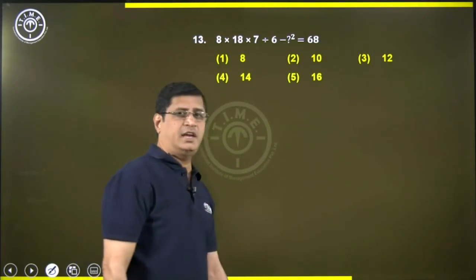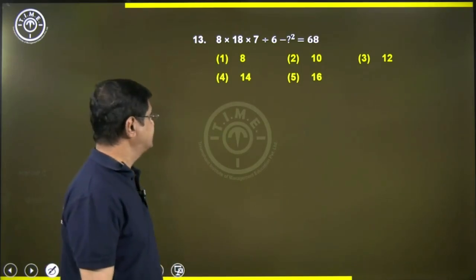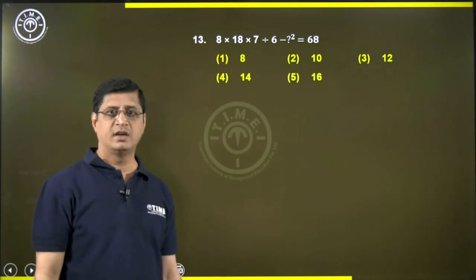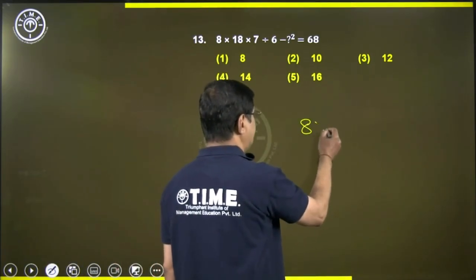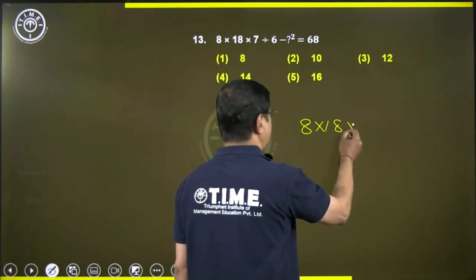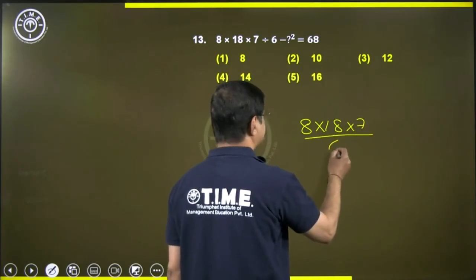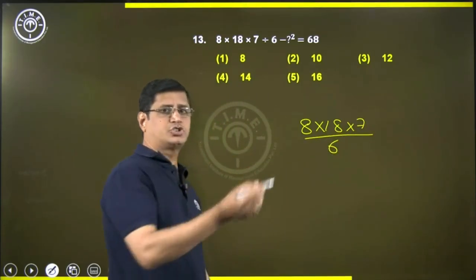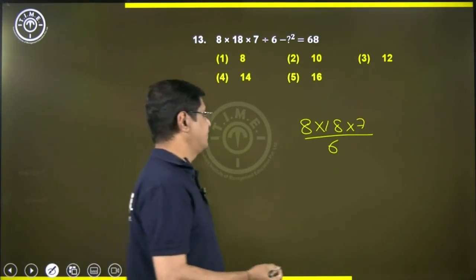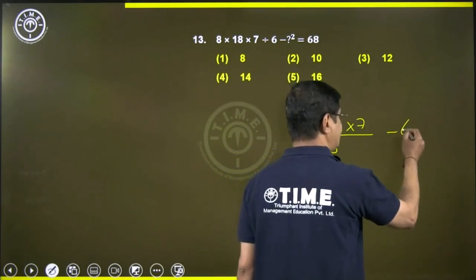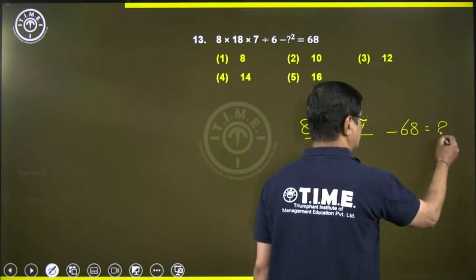8 into 18 into 7 divided by 6 minus question mark square equal to 68. Take the other side and bring this 68 to the left hand side. So minus 68 equal to question mark square.